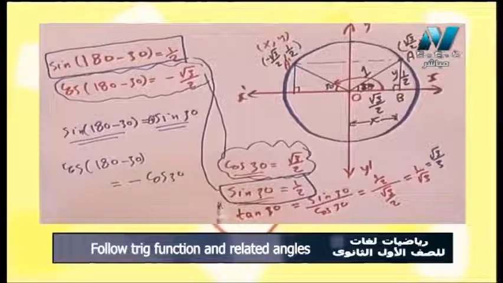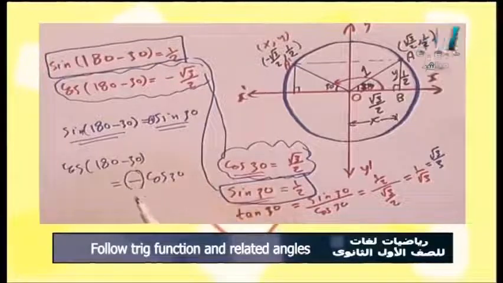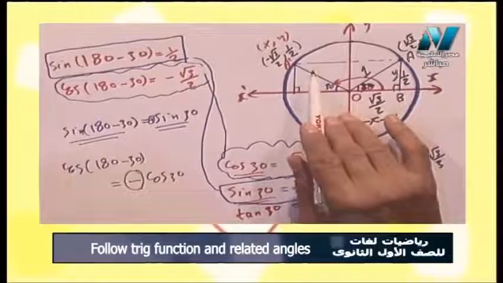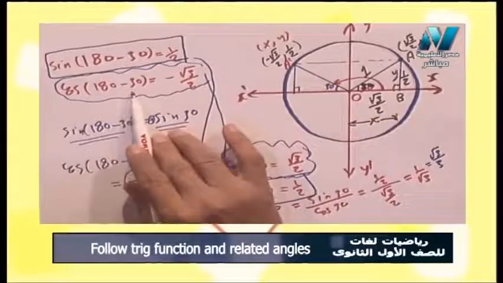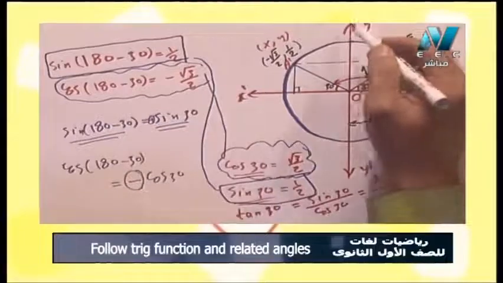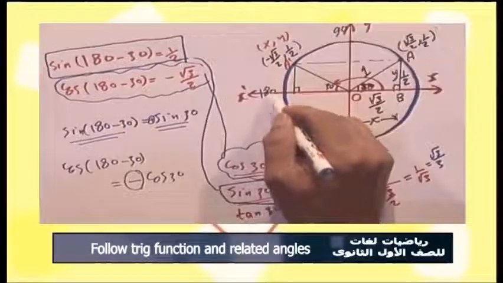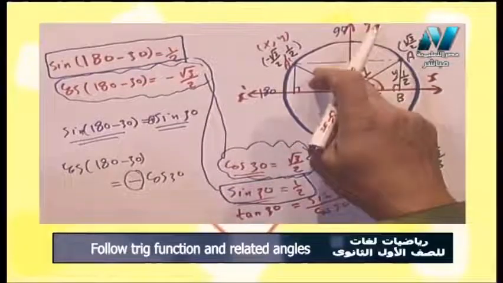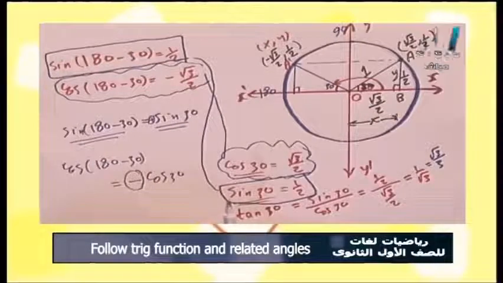Yes, it's true. So concentrate and pay attention carefully with me: cosine in the second quadrant, because 180 minus 30 means that it is between 90 and 180 degrees, so it is in the second quadrant. Cosine is negative, but sine is positive. Remember that.